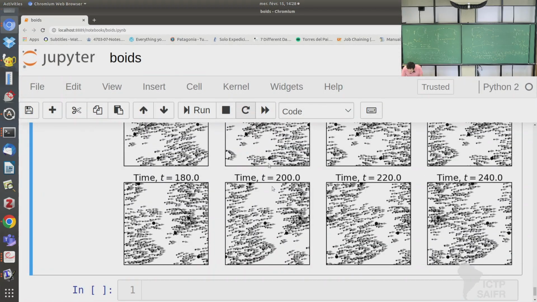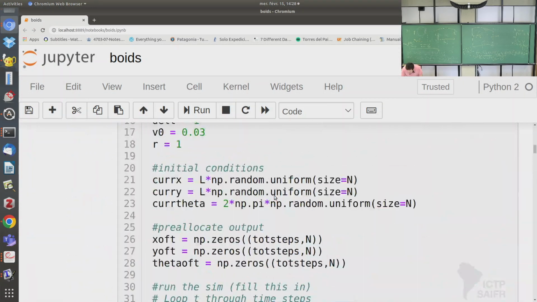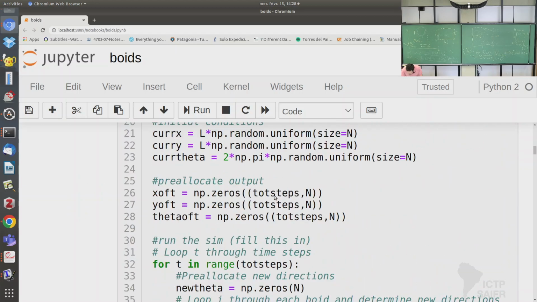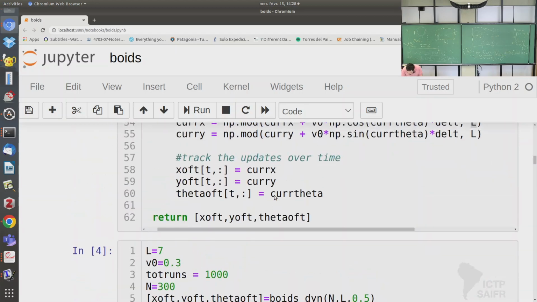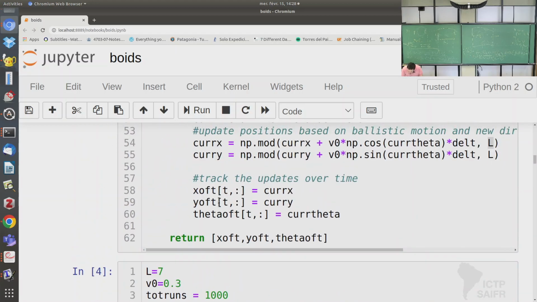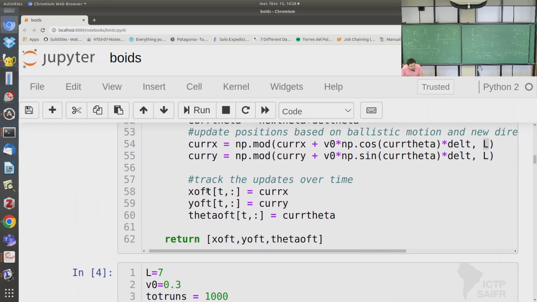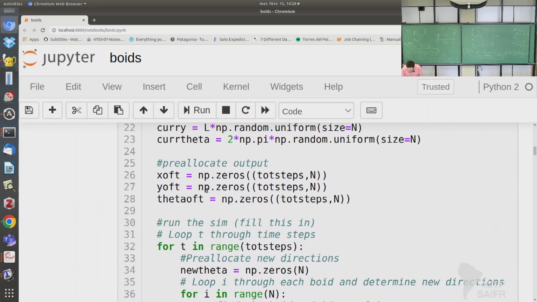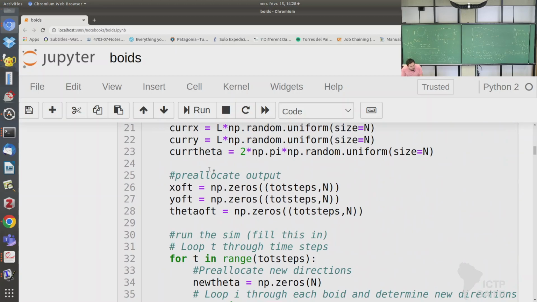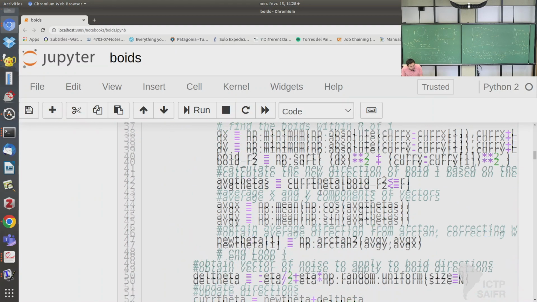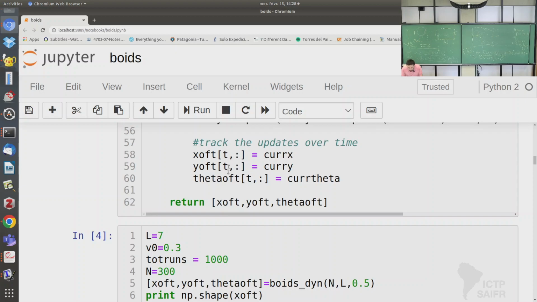Let me double check what I did here. I don't actually remember. Yes, so I was creating this beforehand. I was creating a NumPy array with the right dimensions, and then I was just allocating the index entry with the current state.